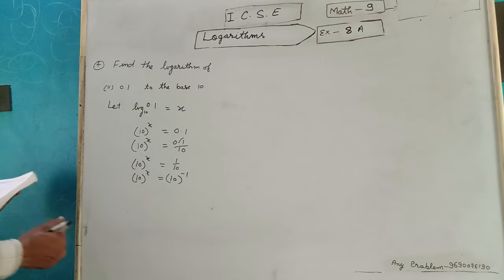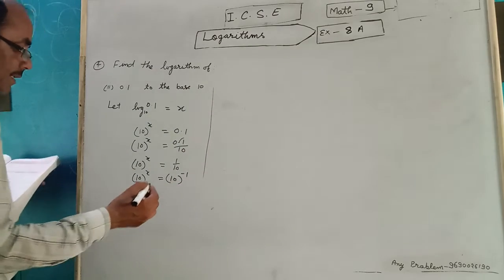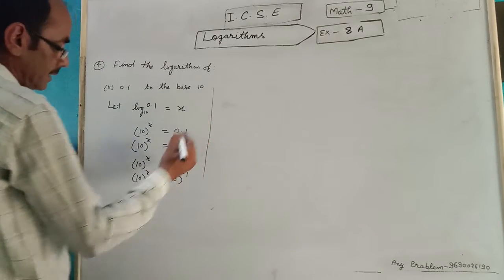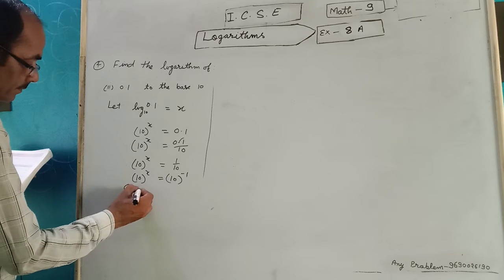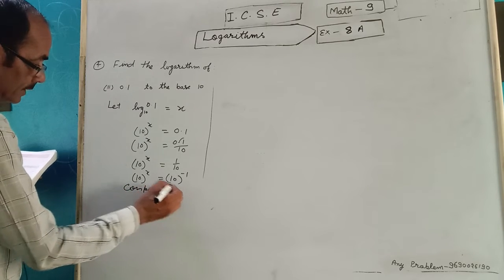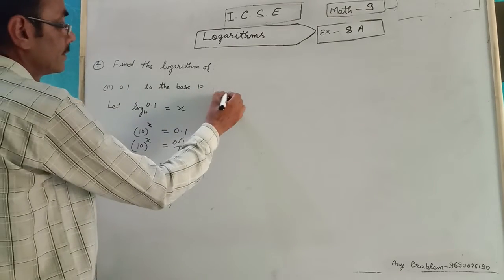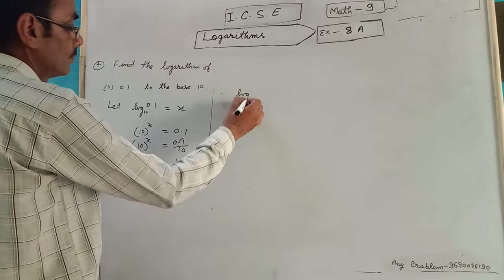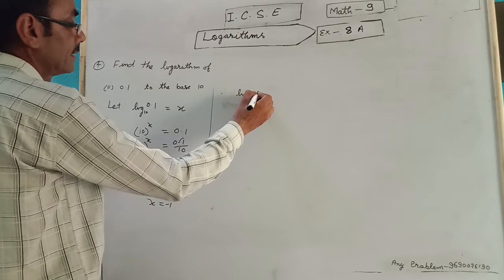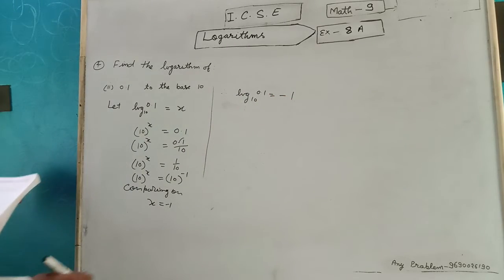Comparing, x is equal to minus 1. Log 10 base 0.1 is equal to minus 1.